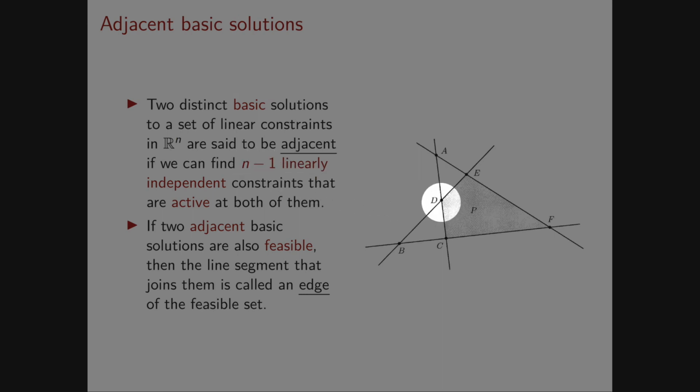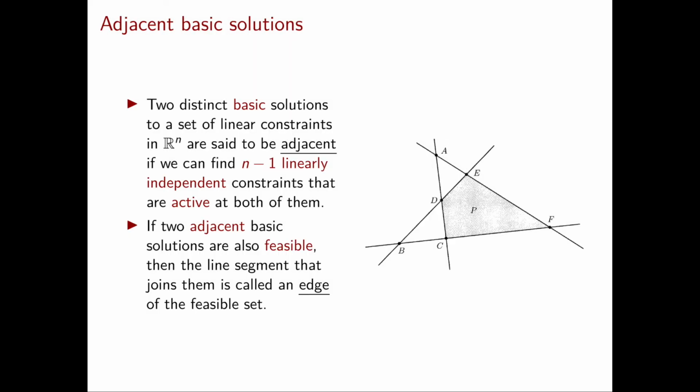And in fact, the vector D is adjacent to E because they lie on the same active constraints given by this line. And similarly, D and C are adjacent because they lie on the same line, this one, which corresponds to a constraint.